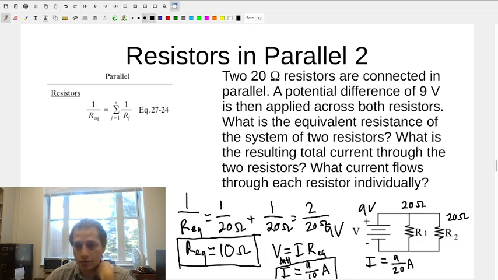If you took 9 over 20 plus 9 over 20, you'd get 9 over 10. Okay, so the way that you get the circuit current here is just by adding up the current through each one of these. So there's your I1, here's your I2, and the thing coming out here is I1 plus I2.